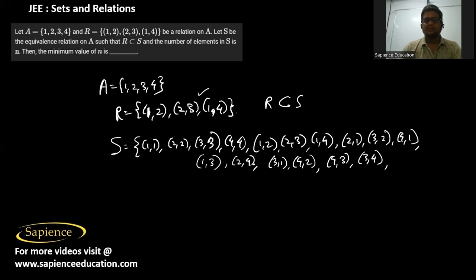So now we shall count the number of elements: 1, 2, 3, 4, 5, 6, 7, 8, 9, 10, 11, 12, 13, 14, 15, 16.